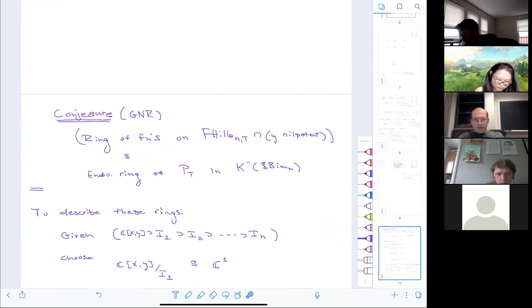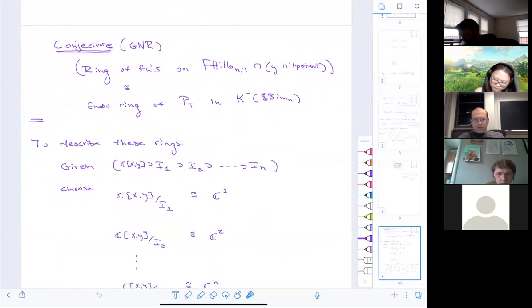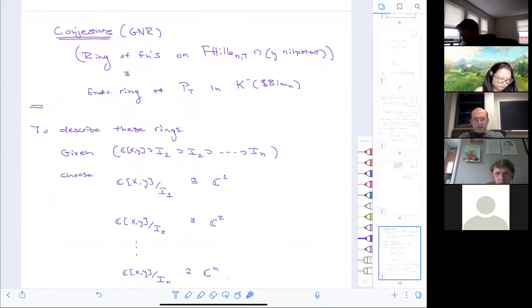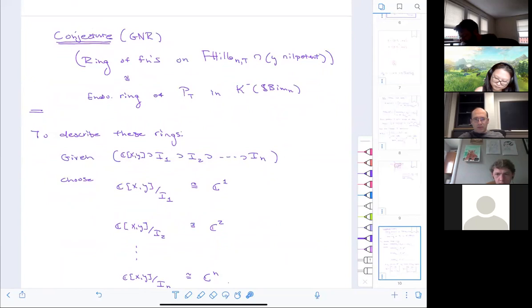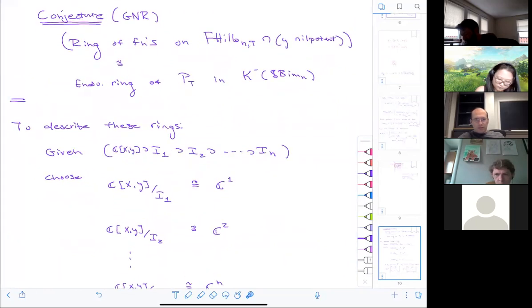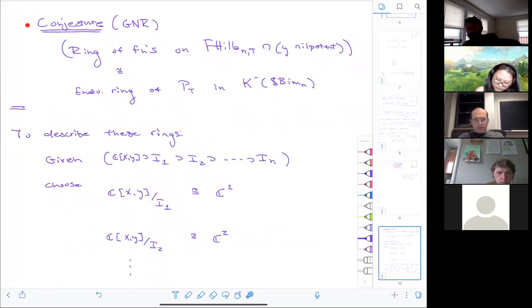But the conjecture that I want to state here is the following. This is a conjecture you find in the original GNR paper.